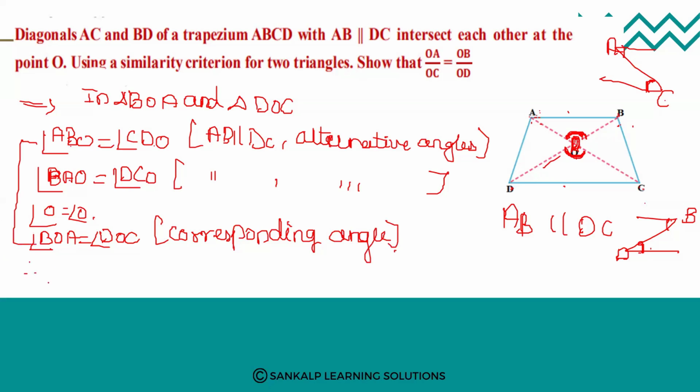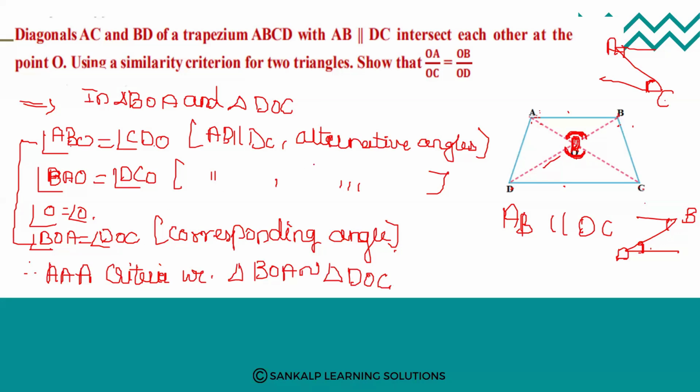Therefore, by using AA criteria, we can say that triangle BOA is similar to triangle DOC. Yes or no? Why? Because here three angles are equal. So by using AA, we can say that these two triangles are similar.